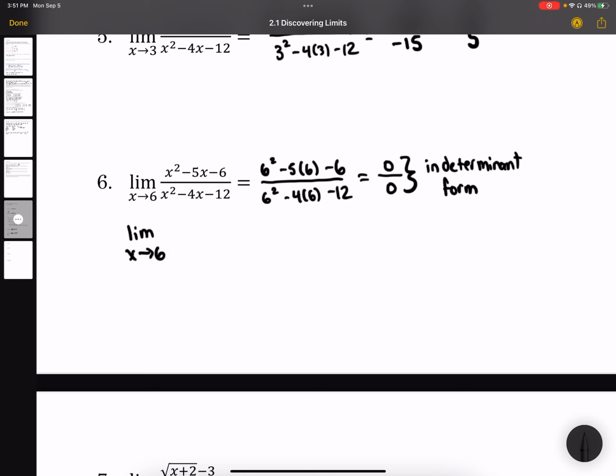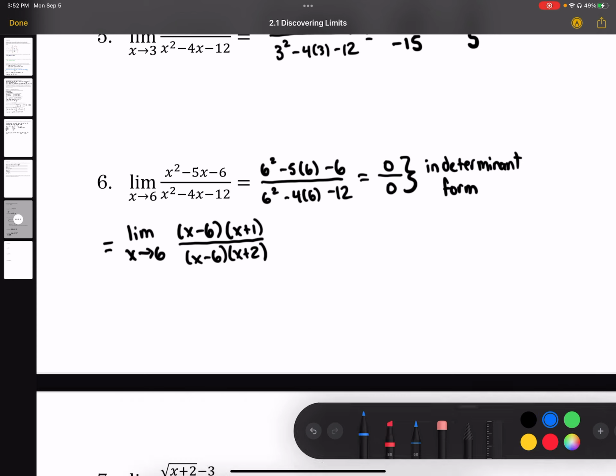So we're going to get, let's see, x squared minus 5x minus 6 is x minus 6 times x plus 1 divided by x minus 6 times x plus 2. So as we are evaluating our limits, keep the limit in the problem until you found a limit. So we see that we have a common factor of x minus 6.